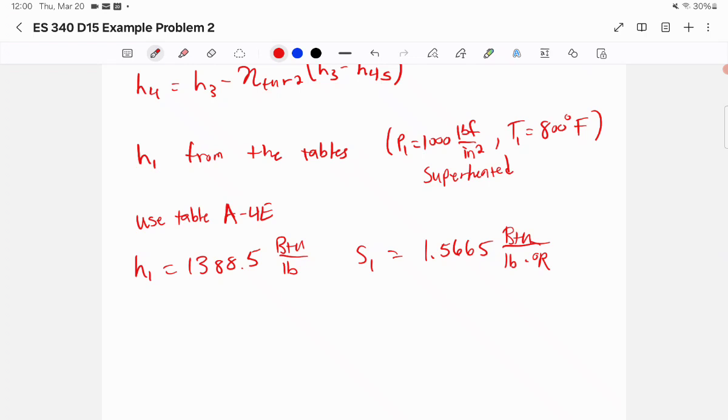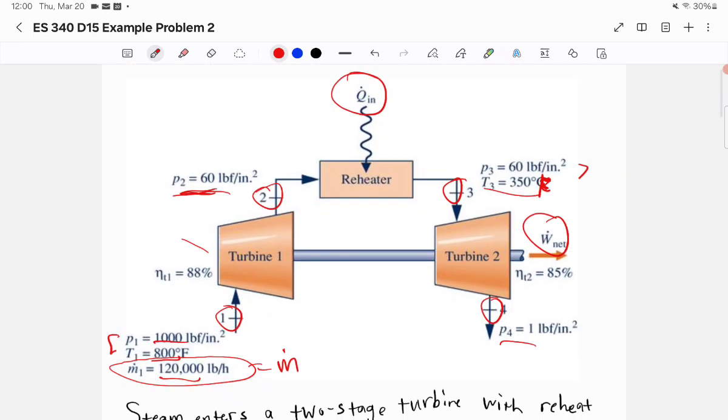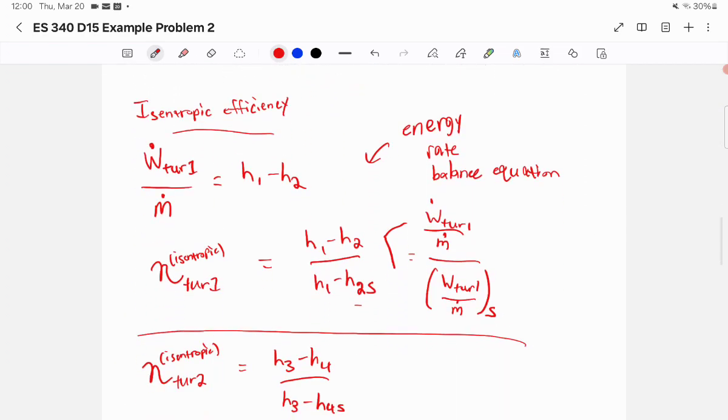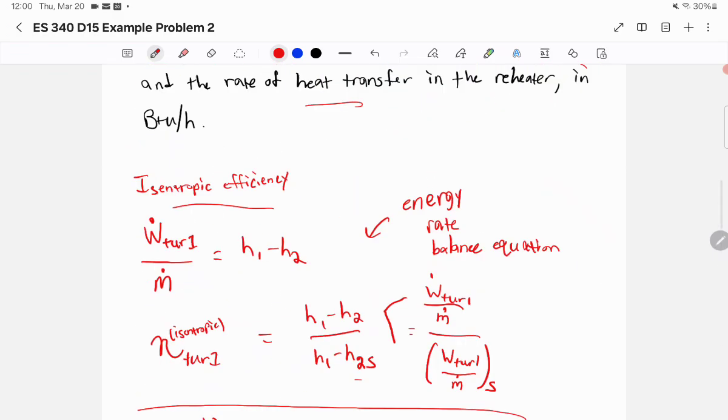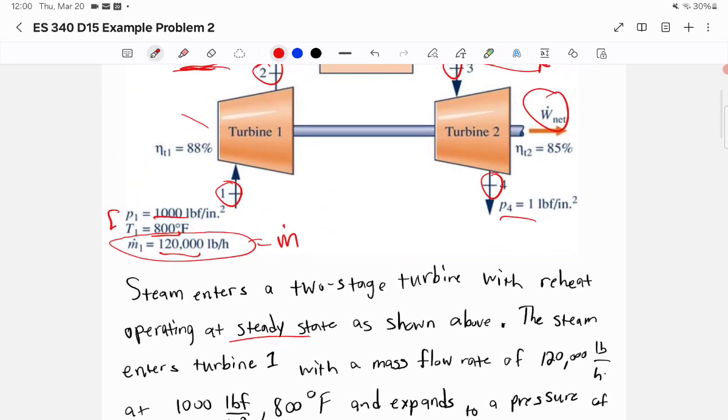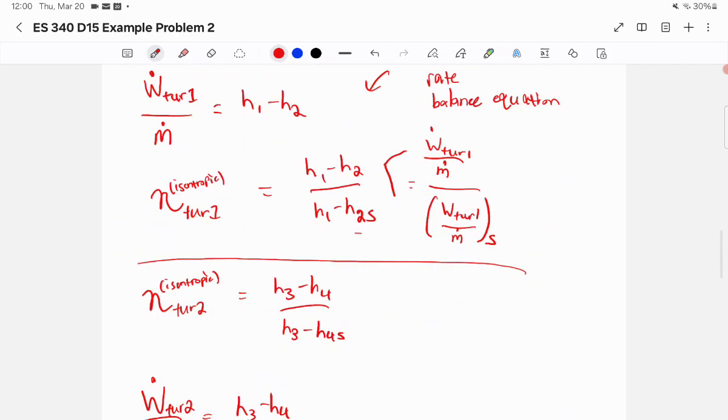Since it was isentropic going across each of the turbines, S2 has to be equal to 1.5665 BTU per pound times degree R. And we know that going back, P2 was 60 pound-force per inch squared.